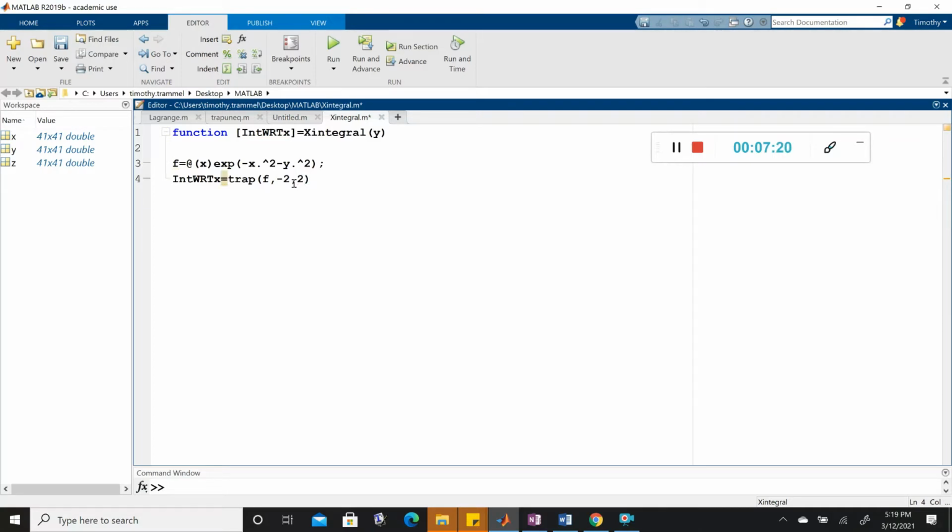And the only question is, what do we want to make for our number of subintervals? Let's go with 10 subintervals. And I'm going to put an extra comment in here.